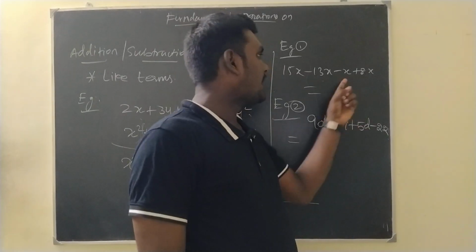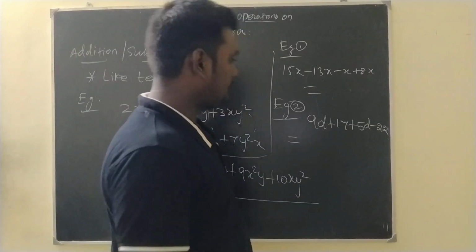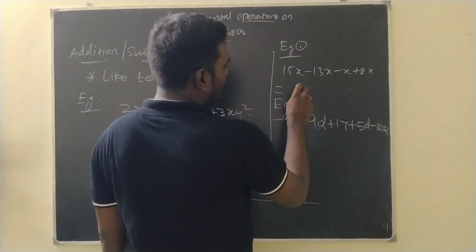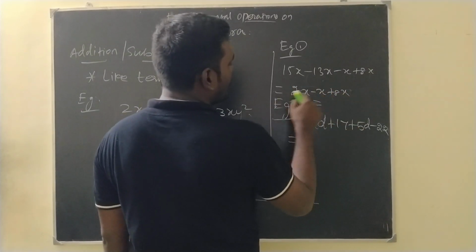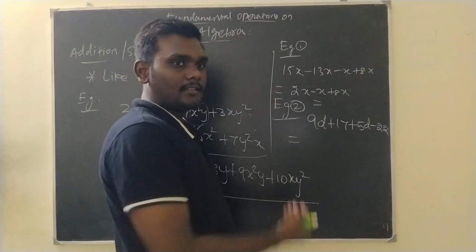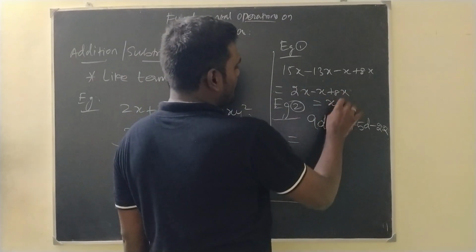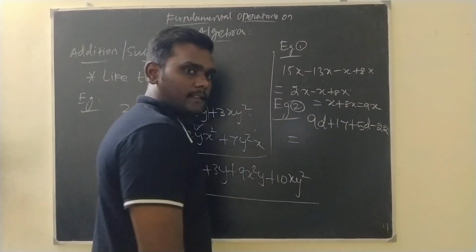So 1x. Now 1x plus 8x, you have 9x as your answer. 15x minus 13x is 2x, minus x plus 8x. Then 2x minus x is how much? It's like 2 apples minus 1 apple, then we'll have 1 apple. That means simply x plus 8x, so 9x will be our answer.